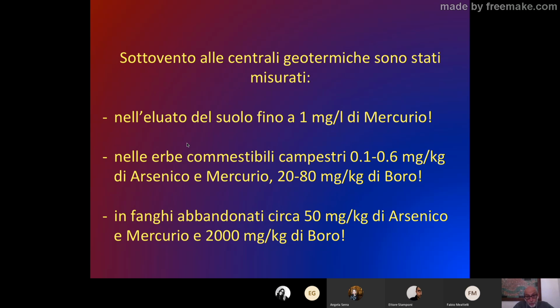So all pollutants which are not very nice for you if you eat them. And people at Amiata, because they're used to it, like in the countryside, I'm not sure about Pakistan, but in Italy, in the countryside, they like to go and collect and eat wild herbs.